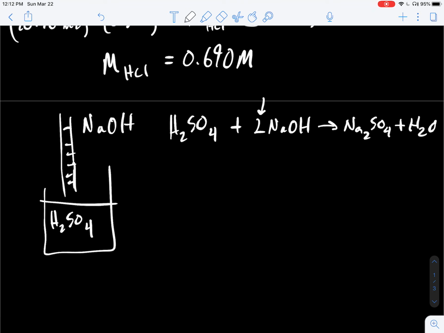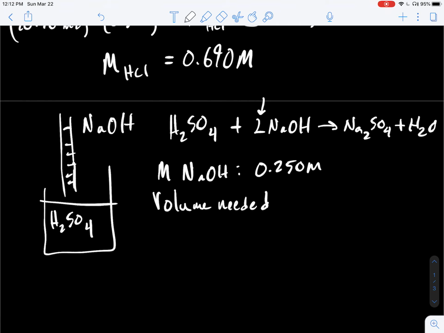So let's say the molarity of the NaOH in our titration was 0.250. The volume needed to reach the endpoint, as in the volume needed to neutralize or react 100% with all the H2SO4, was 32.20 milliliters.